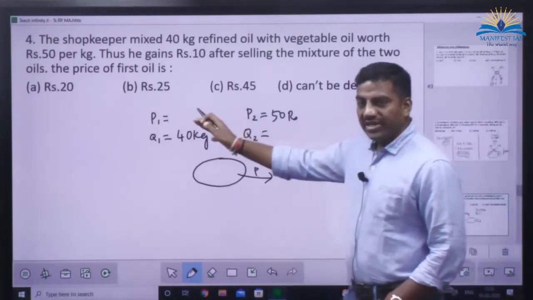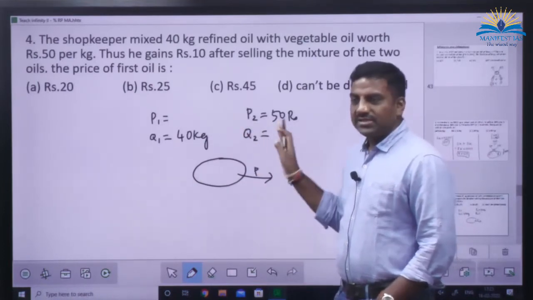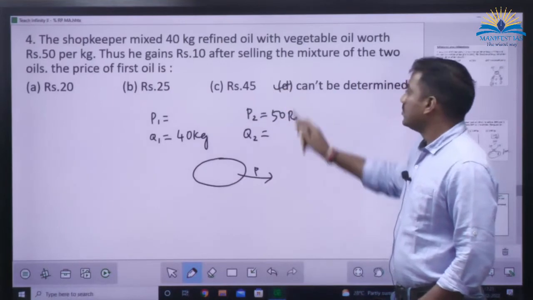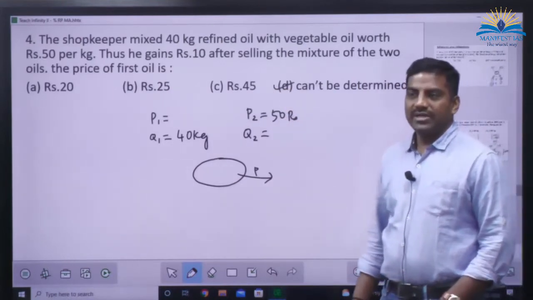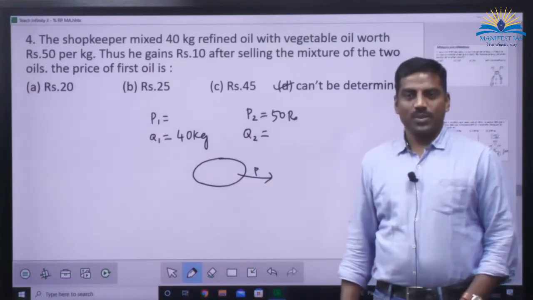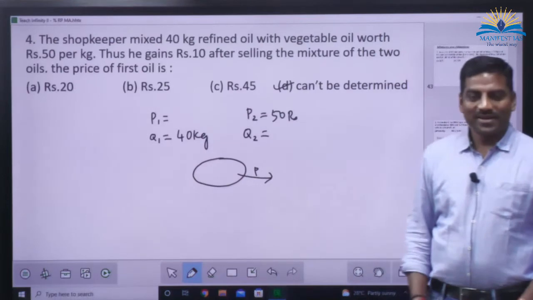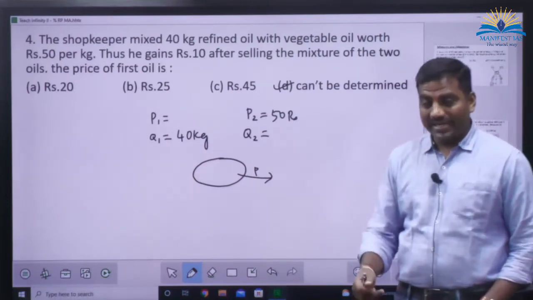So we need this data. So it can't be determined. Think overnight and let me know if you get the answer. Or do practically.